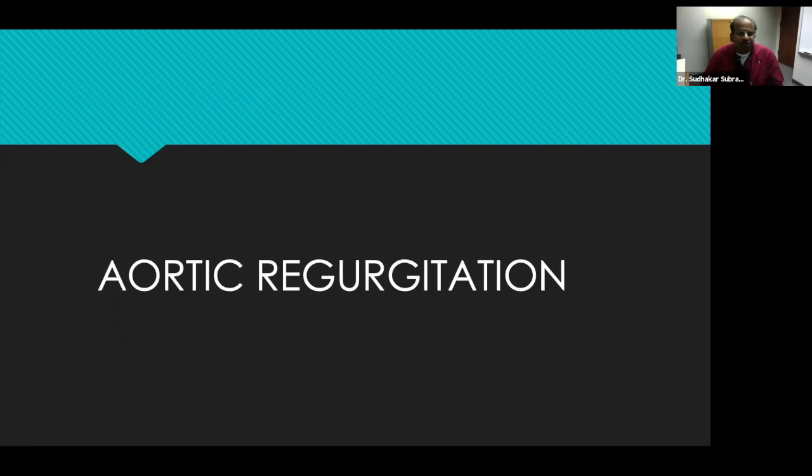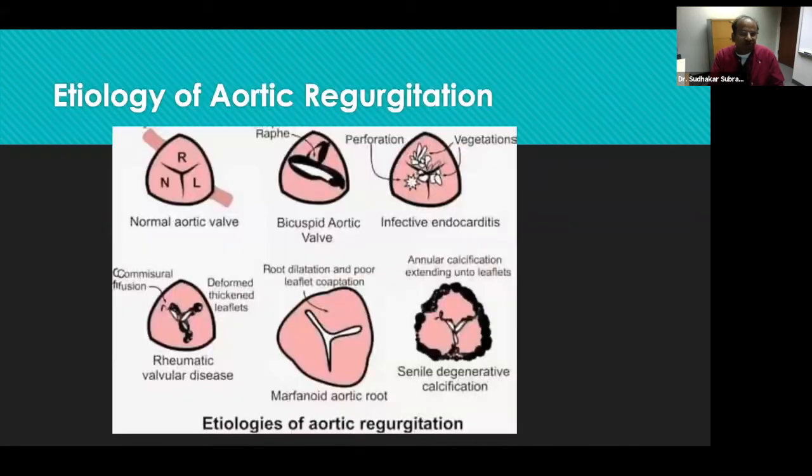The next few minutes, we're going to talk about aortic regurgitation, which is another common disorder involving the aortic valve. When it comes to etiology, again, we have multiple ways of presentation based on the age of the individual. We see a broad spectrum, from infants all the way to the elderly population. So always look for the underlying cause. It can be senile degenerative, infective, or a variant of bicuspid aortic valve.